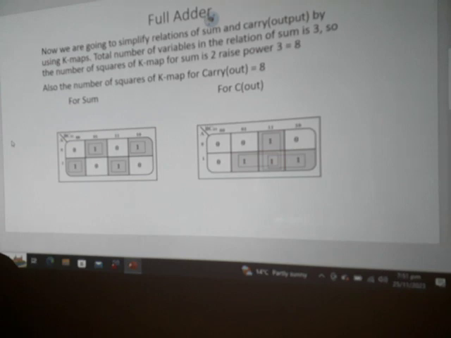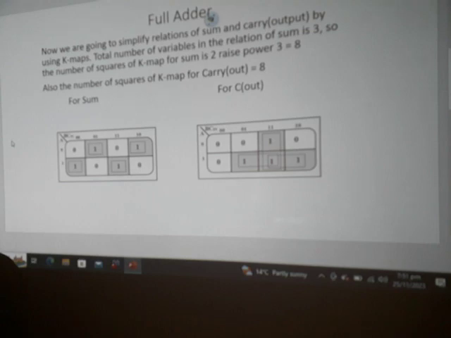Similarly, in the relation of carry out, the total number of variables is 3, so the number of squares will be 2 raised to the power 3, which is also equal to 8. Now we draw a K-map of 8 squares, and we have 3 variables. Along the vertical direction we have A, and along the horizontal direction we have B, C in.